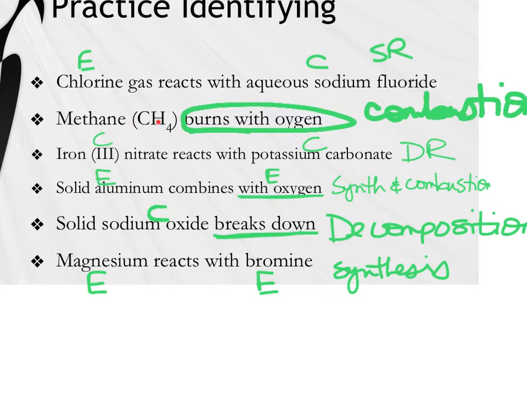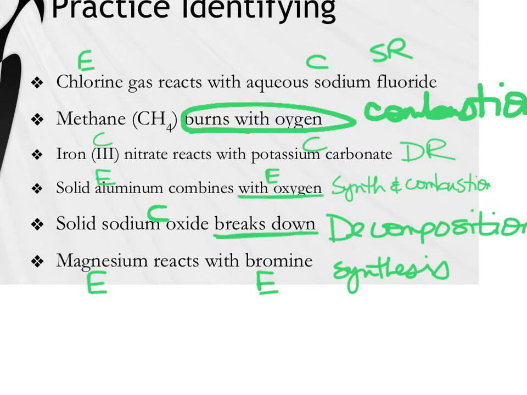You have methane, a CH compound, and it's burning with oxygen, so that's combustion. Iron(III) nitrate is a compound, and it's reacting with potassium carbonate, which is another compound, so that one's double replacement. You have aluminum combining with oxygen, so two elements, and so that's synthesis, but since it's reacting with oxygen also, it's combustion.